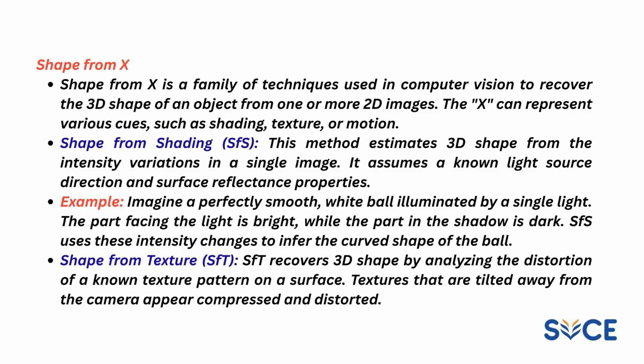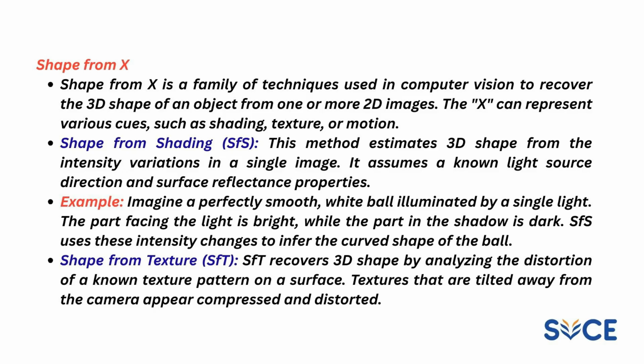By analyzing these gradual changes in brightness, a computer can figure out that the object is round or not flat. This method relies on knowing the direction of the light source and how the surface reflects the light.